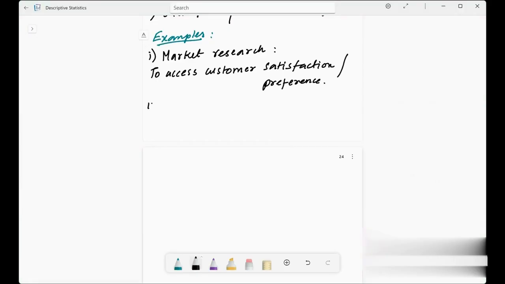Okay. Point number 2 is academic research. For academic research, like for collecting primary data in different cases or feedback from teacher or student, right? Feedback from who? Teacher or student.